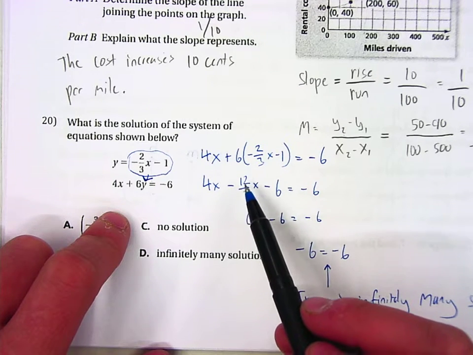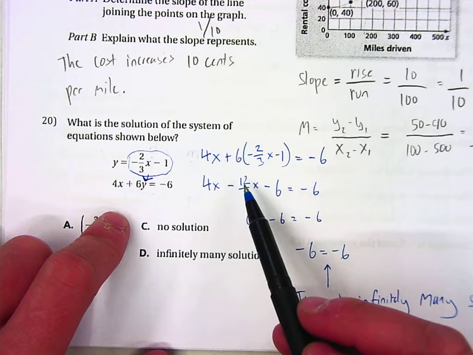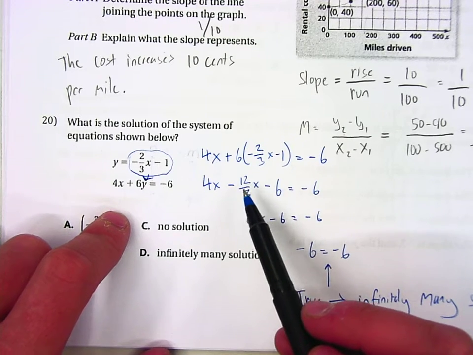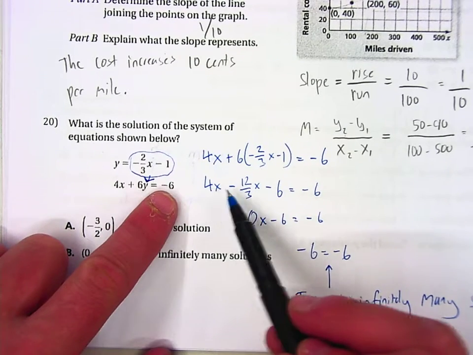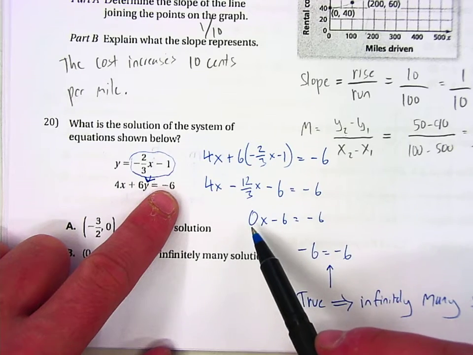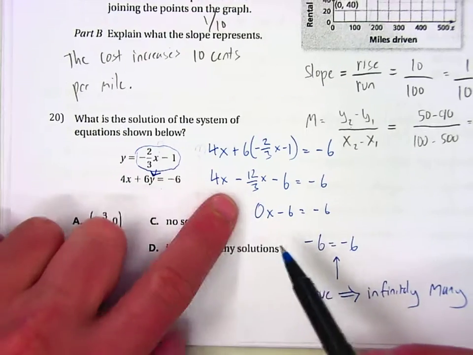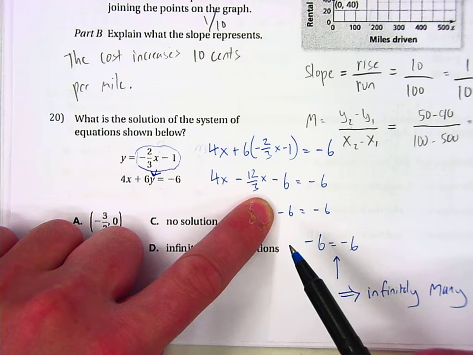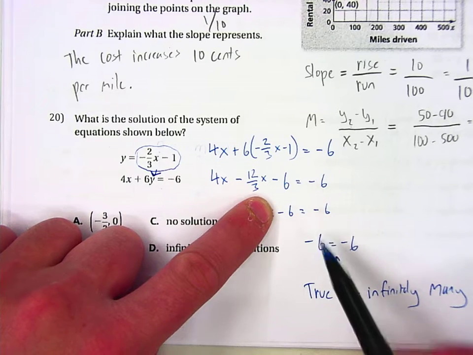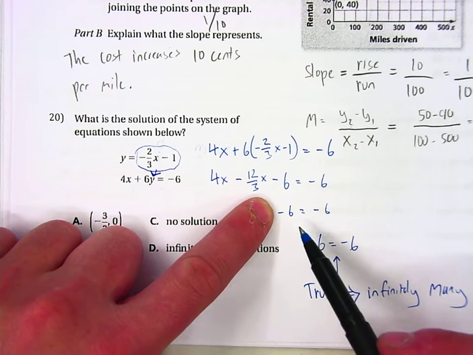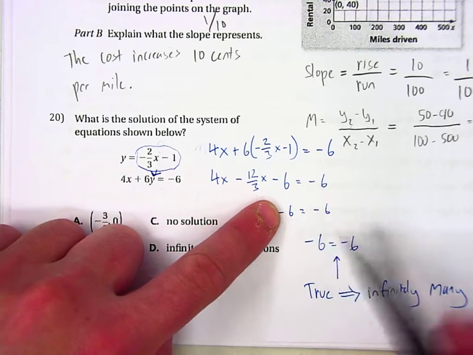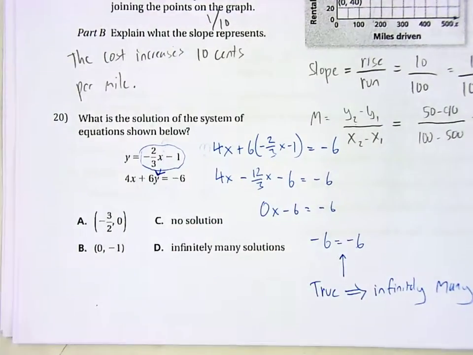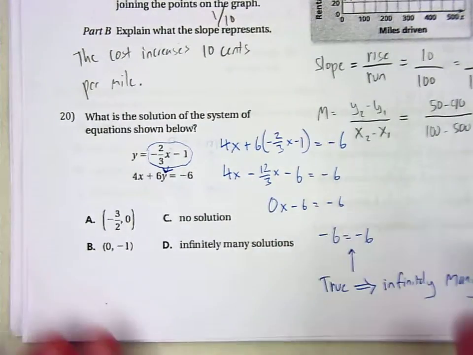Turns out that can be reduced to the nice whole number of 4x. So this is 4x minus 4x, 0x, which does nothing. So you're left with negative 6 equals negative 6. That's a true statement. But your variable's gone, left you with a true statement. That means this is infinitely many solutions. Problem number 20.